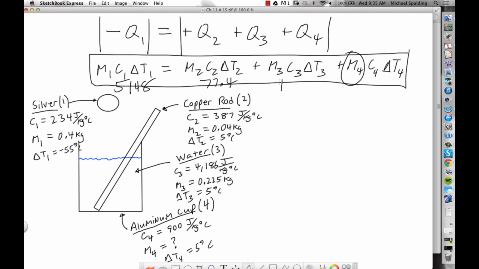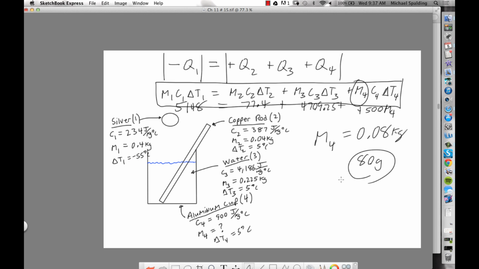This one is 4,709.25. And then this is 4,500 times M4. So you take this, equals, plus, plus, solve it for M4, and you get 0.08 kilograms, which is 80 grams. That's the answer.